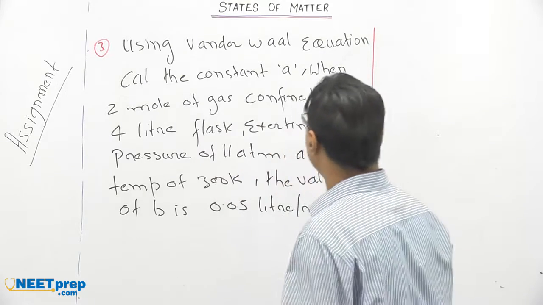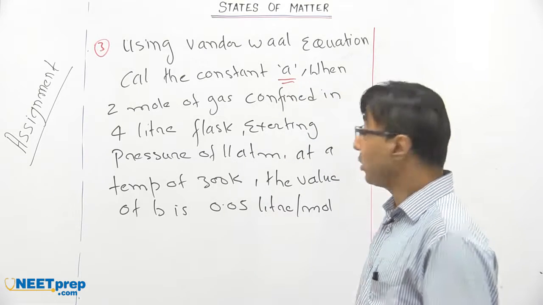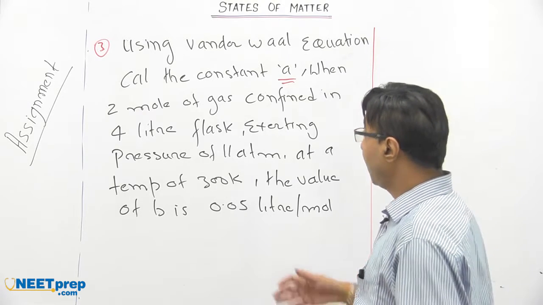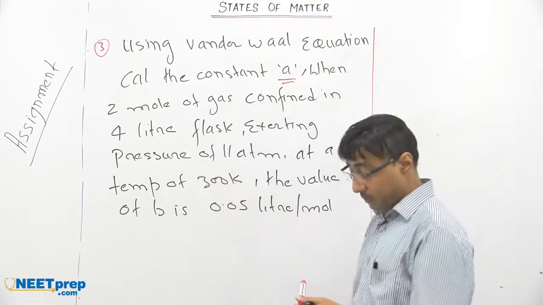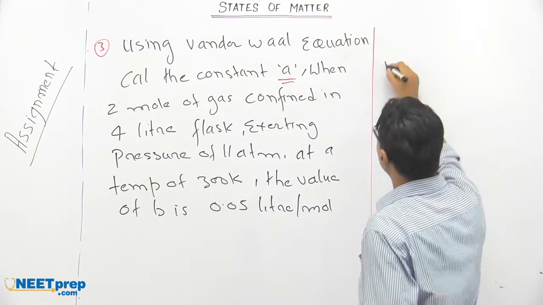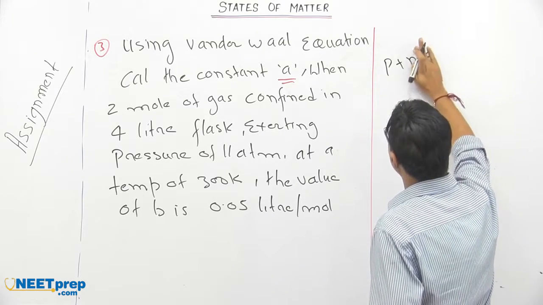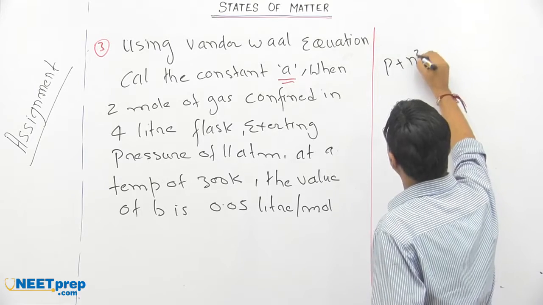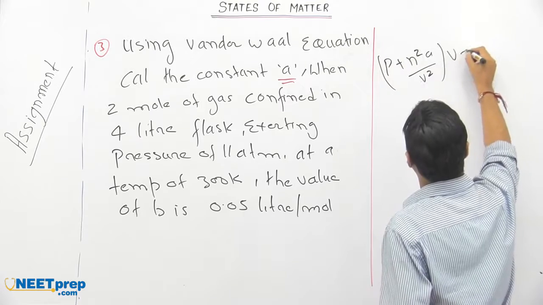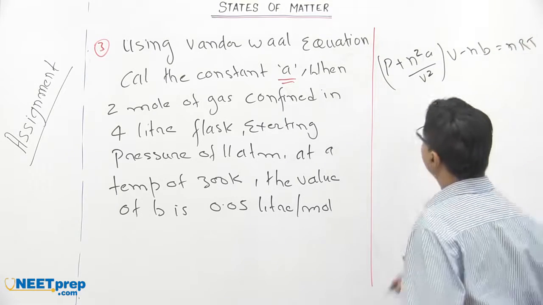Now see what we need to find out. We need to find out the constant A by using the van der Waals equation, and the given parameters and values are given. So first we have to write P plus n square A by V square, V minus nB is equal to nRT.